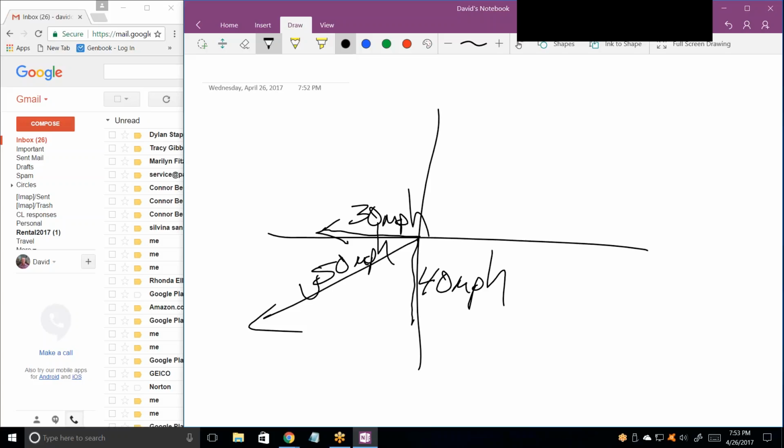If I had an airplane going 30 miles an hour west, and I had a wind of 40 miles an hour in a southerly direction, my airplane would end up going 50 miles an hour in that direction.